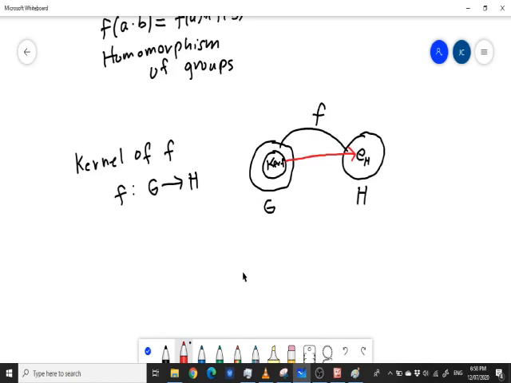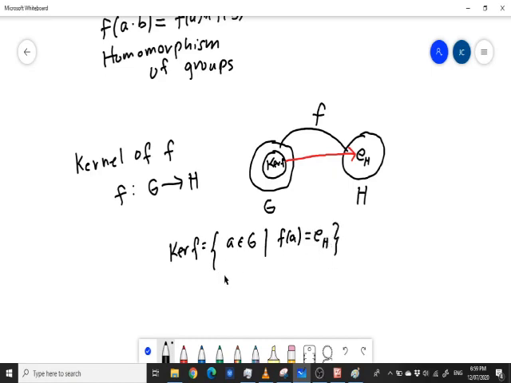Identity of H. So how do you define that? Paano i-define? Kernel of F are all the elements A in G such that their images under F is the identity in H. So yun lang.